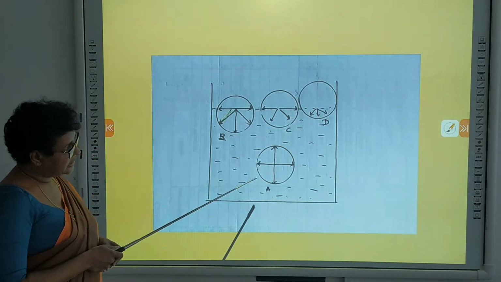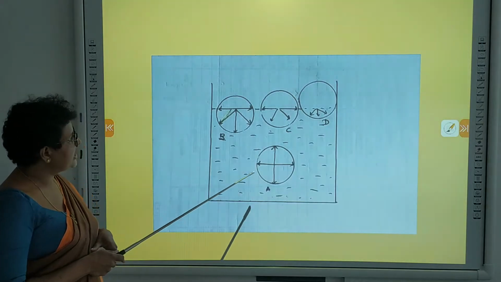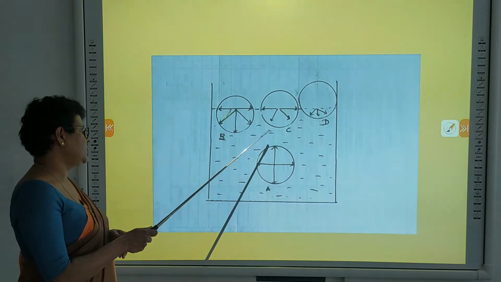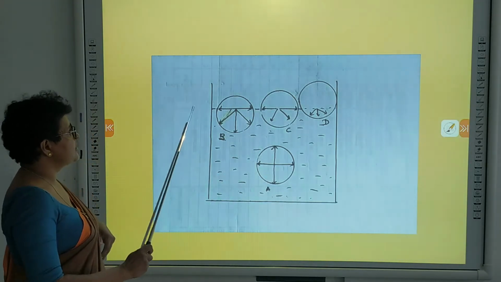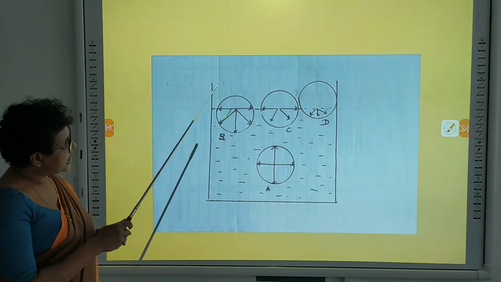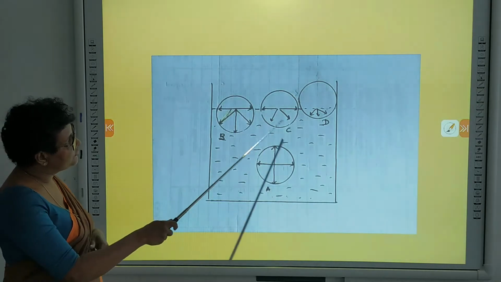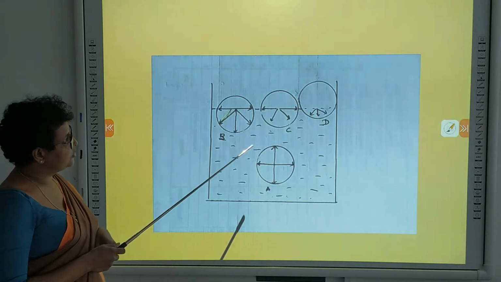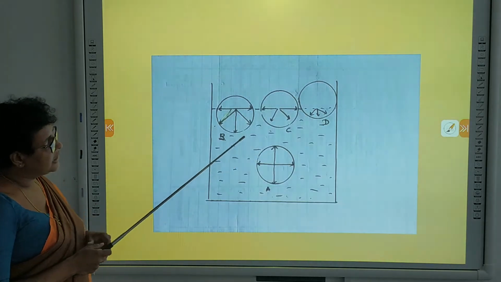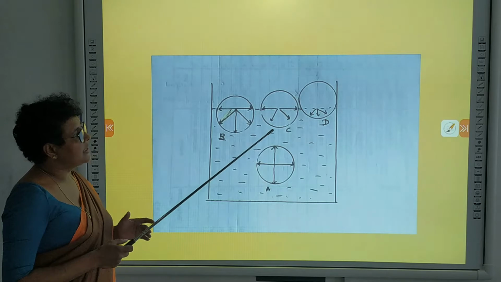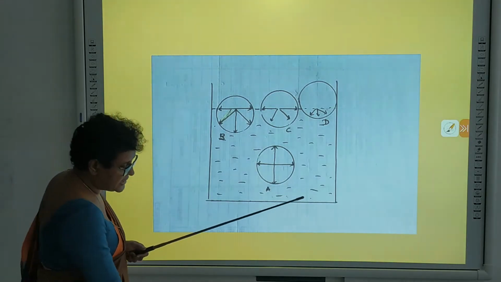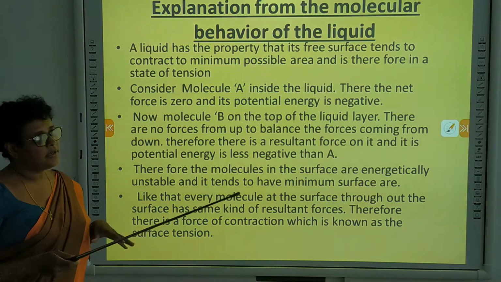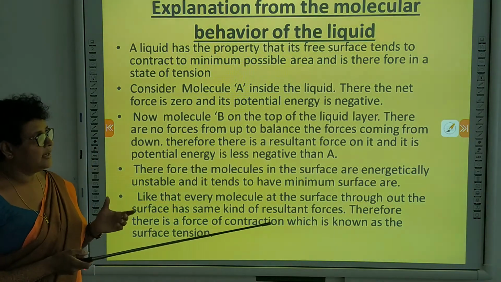So for A, there is no net force, or no resultant force. But if you consider B, C and D, you can see the horizontal forces will cancel, but there is a net force downwards. In this way, each and every molecule on the surface will experience a downward force, so the surface is under contractive force and under tension.